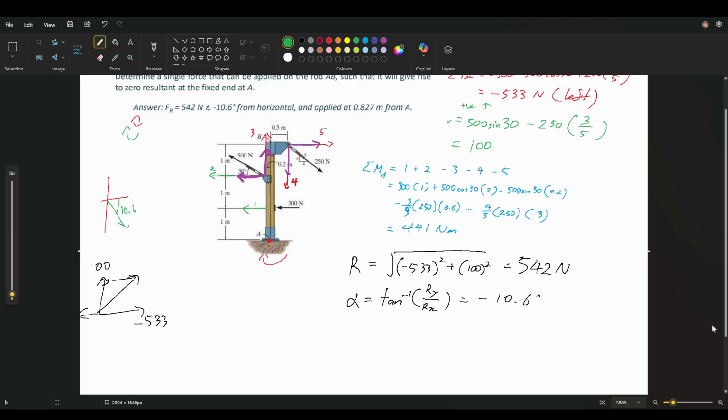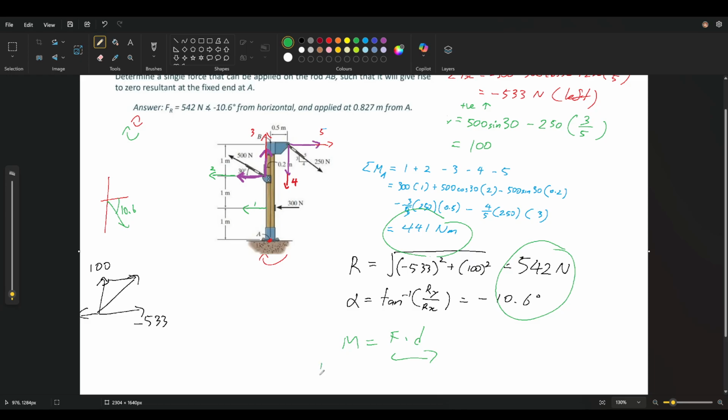Now, how do I get my distance? Remember from the previous question, do you have your moments? Yes, you do. You want to find D, so you don't have D. Do you have F? Oh my god, you do!